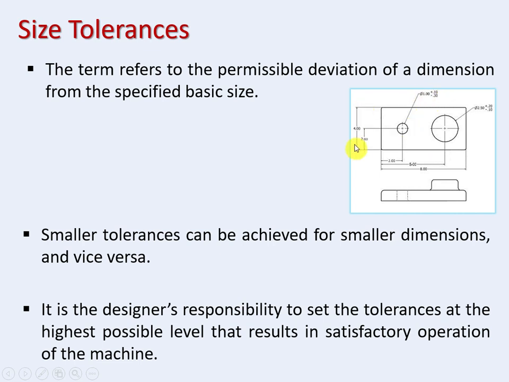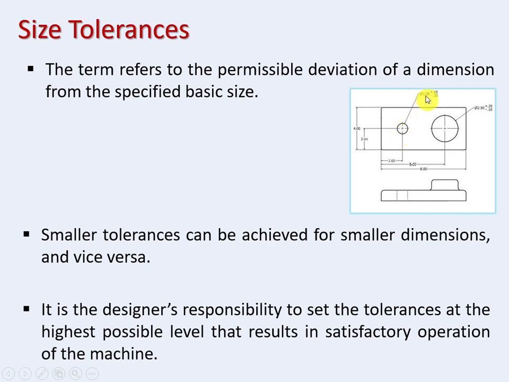Maybe this length is not important. Is it 4 or 4.5? No need to write the tolerance here. But regarding the whole size, it's very important. Maybe another part will fit here. Maybe a screw will fit here, guys.